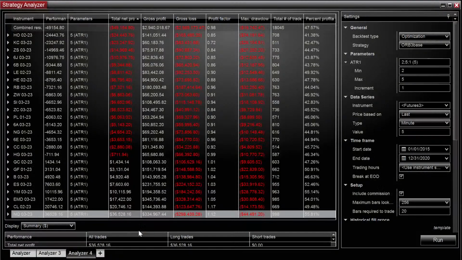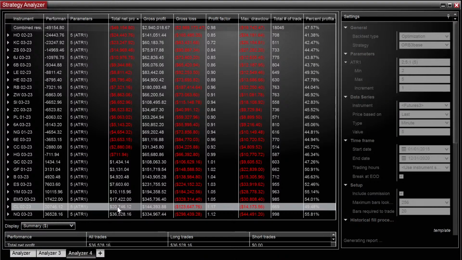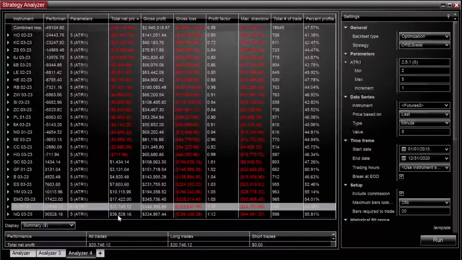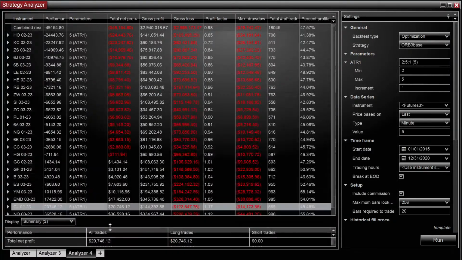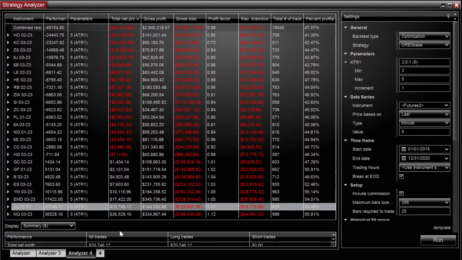I am really surprised that CL did that good, to be honest. Usually whenever strategies do good on indexes, they just do terrible in energies. Well, not just terrible, but on CL, I usually don't see much correlation there.